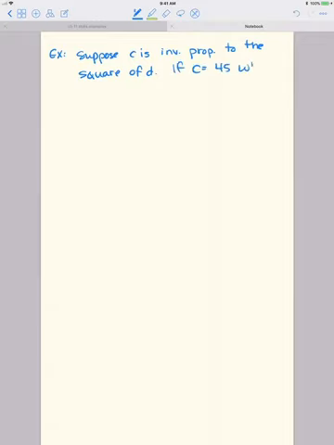So here's one. It says, suppose C is inversely proportional to the square of D. And it says if C equals 45 when D equals 3, they want you to find the constant of proportionality, the K value, and also write the formula just like before.